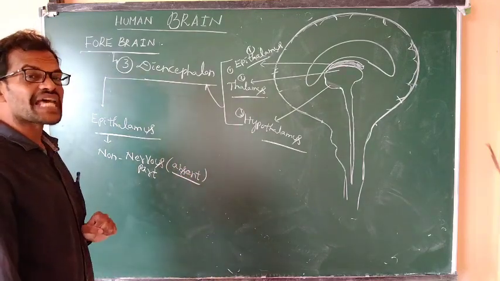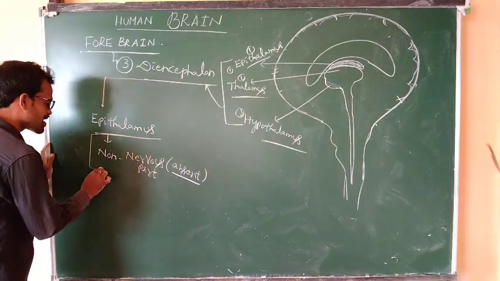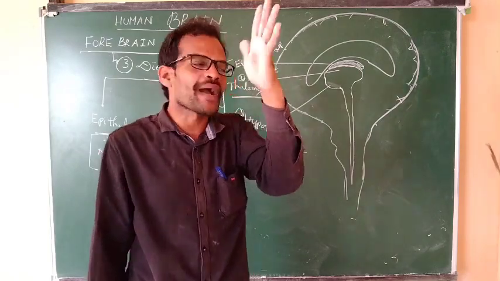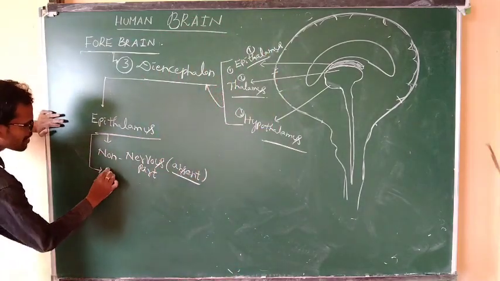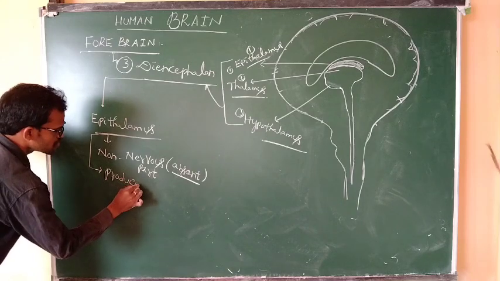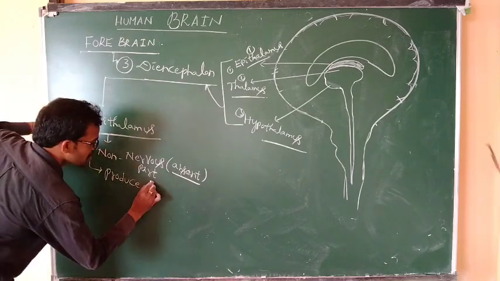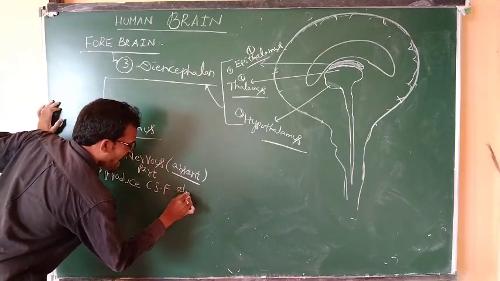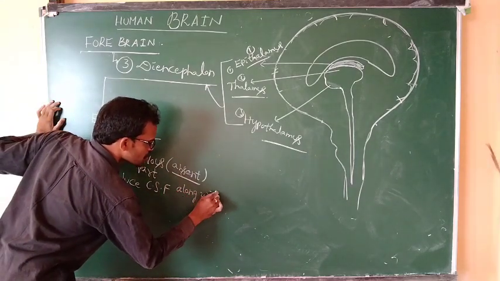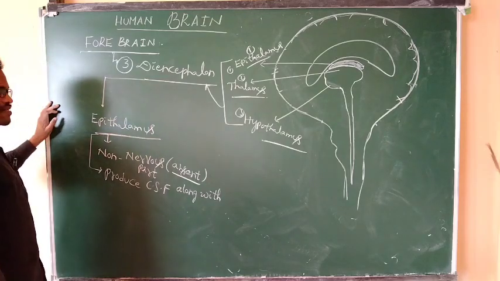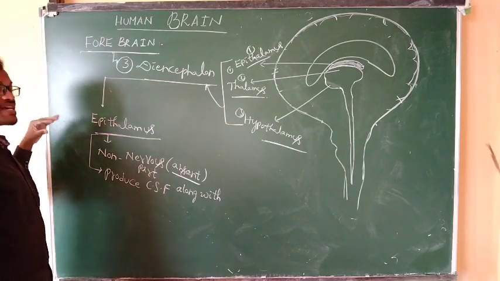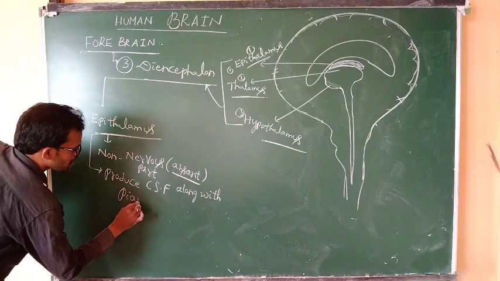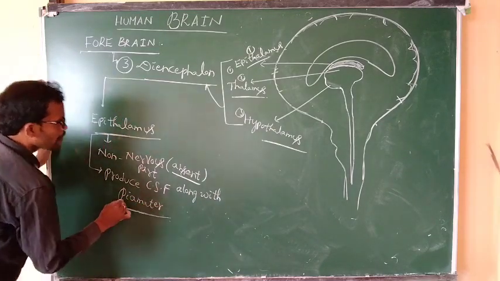What is the function of this epithalamus? The epithalamus produces cerebrospinal fluid along with the pia mater.